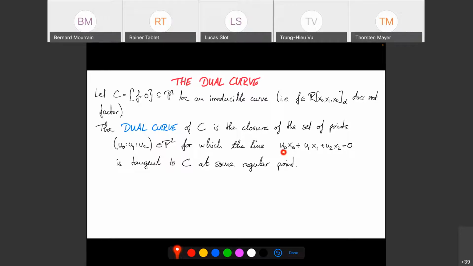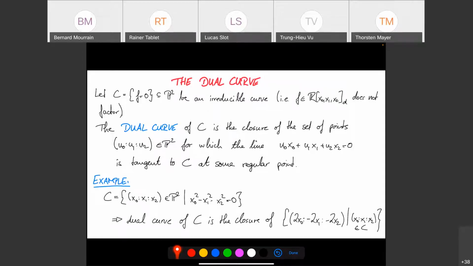So if I fix these coefficients, these define a line in the plane where the curve C lives, and I want this line to be tangent to the curve at some regular point. So in fact, that means that this point that I've chosen, u0, u1, u2, is collinear to the gradient of f at some point that lies on the curve.